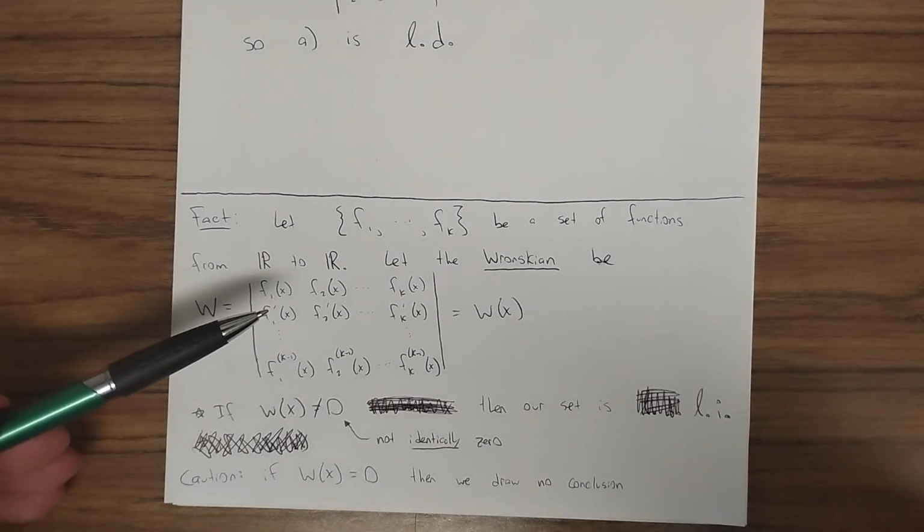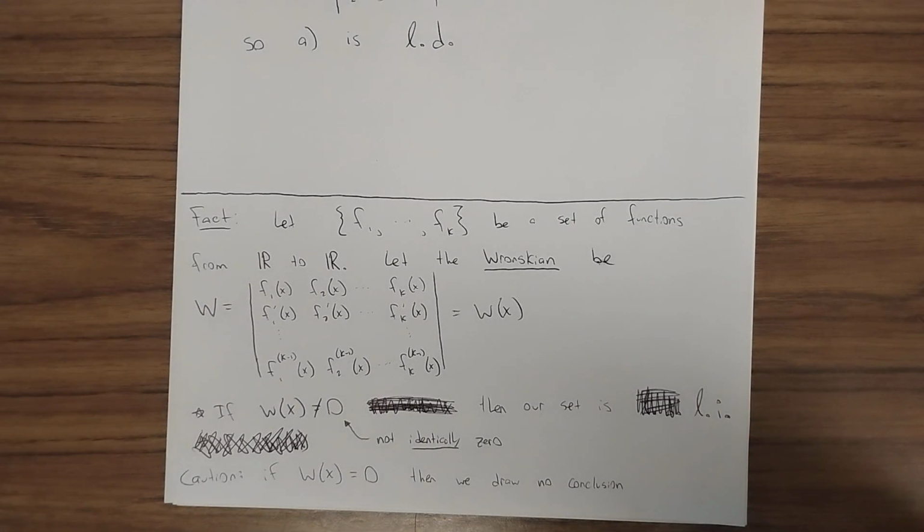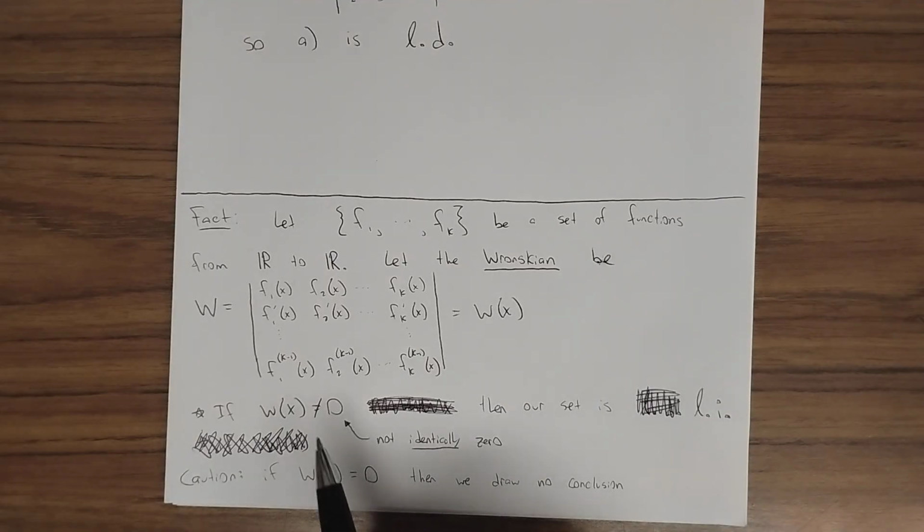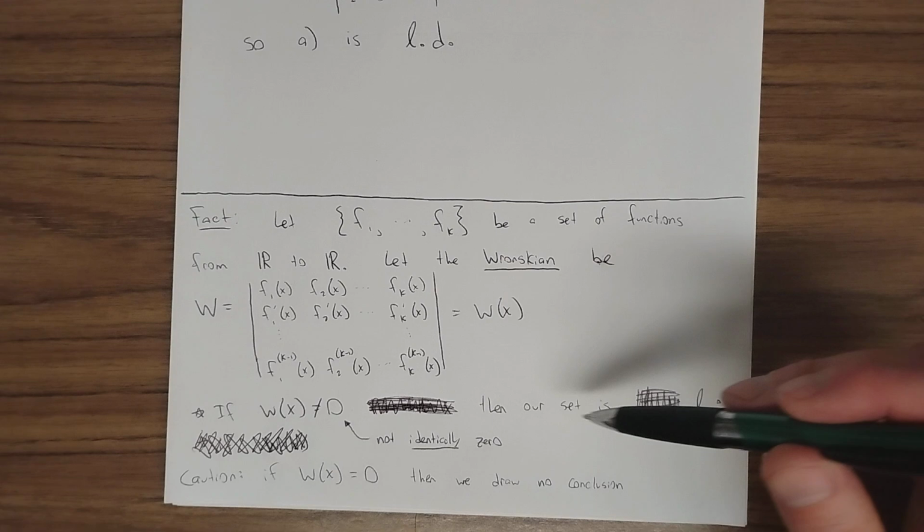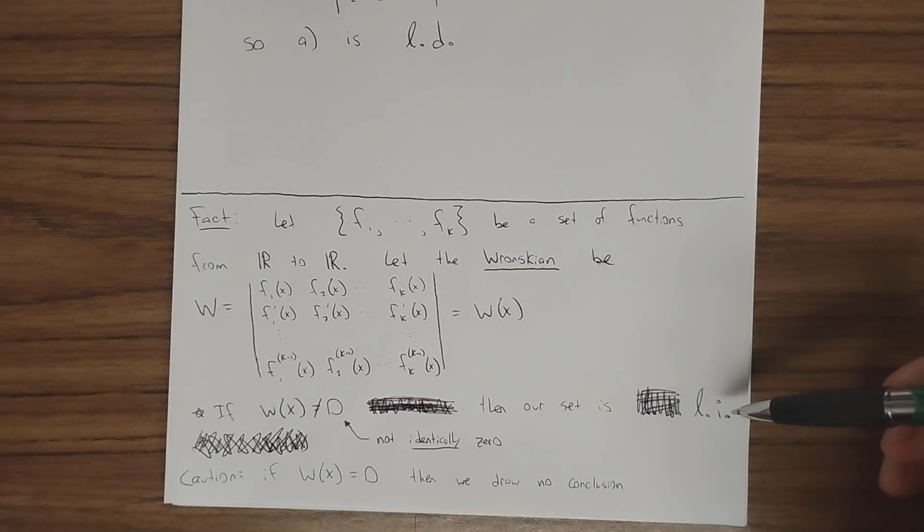So I do that, and I take its determinant. And if this function, the determinant of this crazy matrix full of functions, is not identically 0, meaning it's not 0 for all x, then our set of functions is linearly independent.